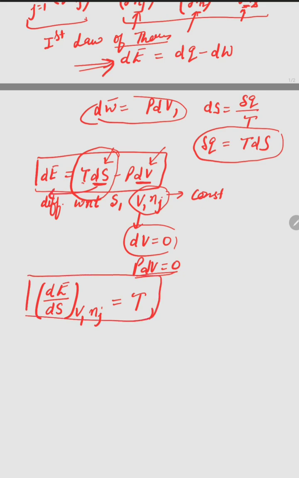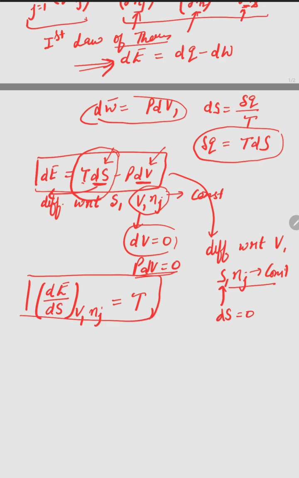Okay, secondly differentiate this equation with respect to the second parameter, that is volume, keeping S and Nj as constant. Okay, so what are we left with? When S is kept constant, dS, change in entropy, becomes 0.